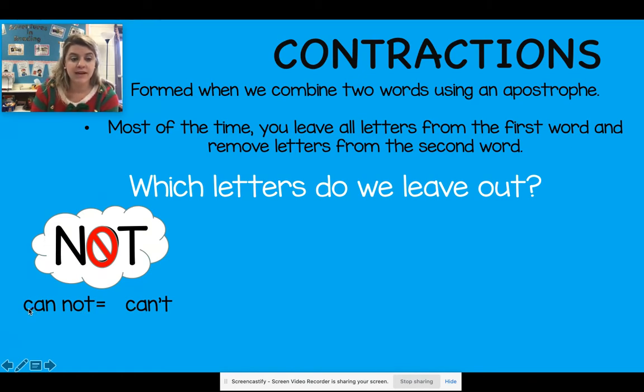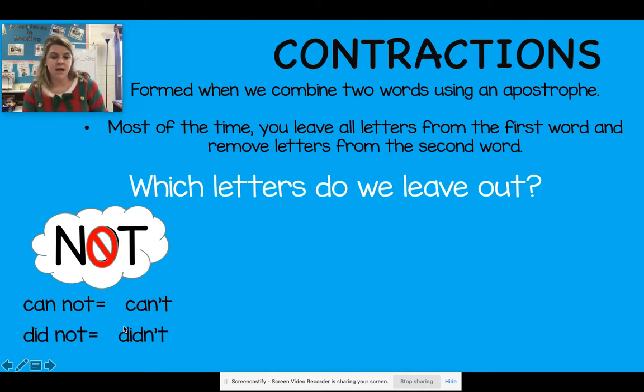So we have C-A-N, then the apostrophe where those two letters are missing, and then our T. C-A-N apostrophe T makes can't. Did not. We push them together, and you see the O is missing, so we put the apostrophe right there. So can not, can't; did not, didn't.